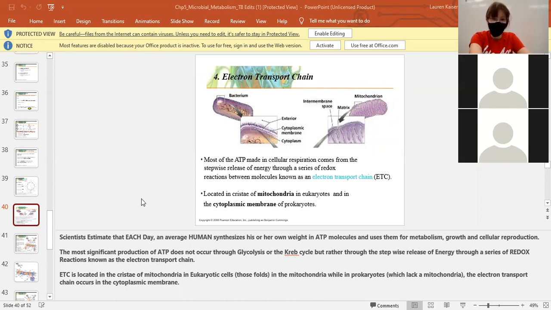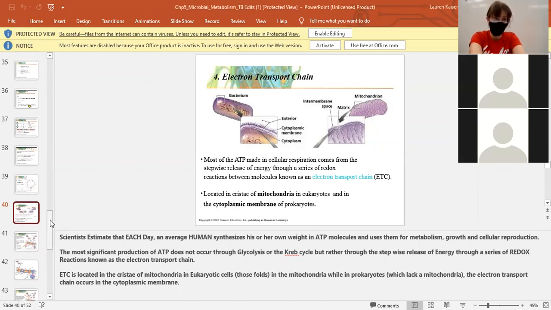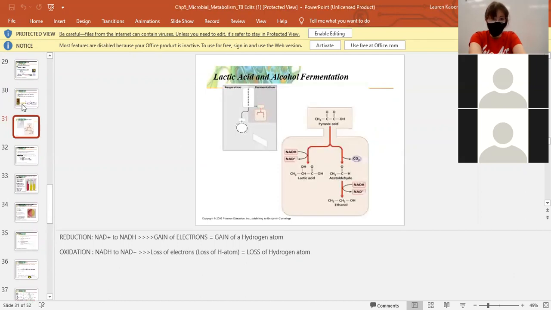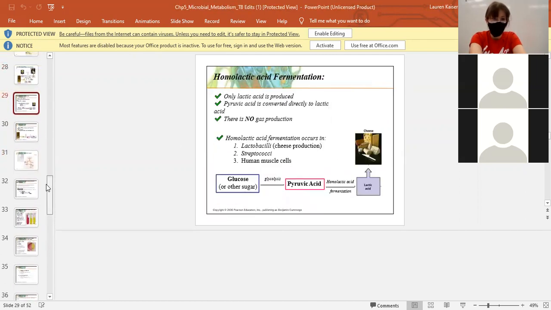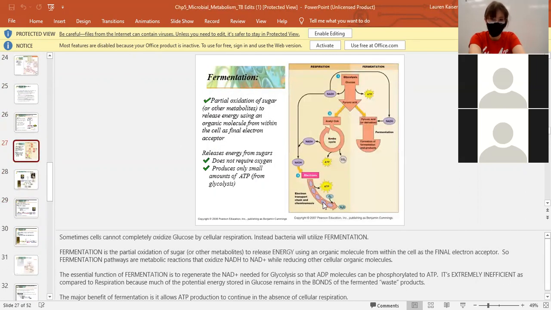Okay, so let's take a look at the electron transport chain. This is the last step in respiration, right? Whether it's fermentation or respiration, they go through glycolysis and have pyruvic acid.